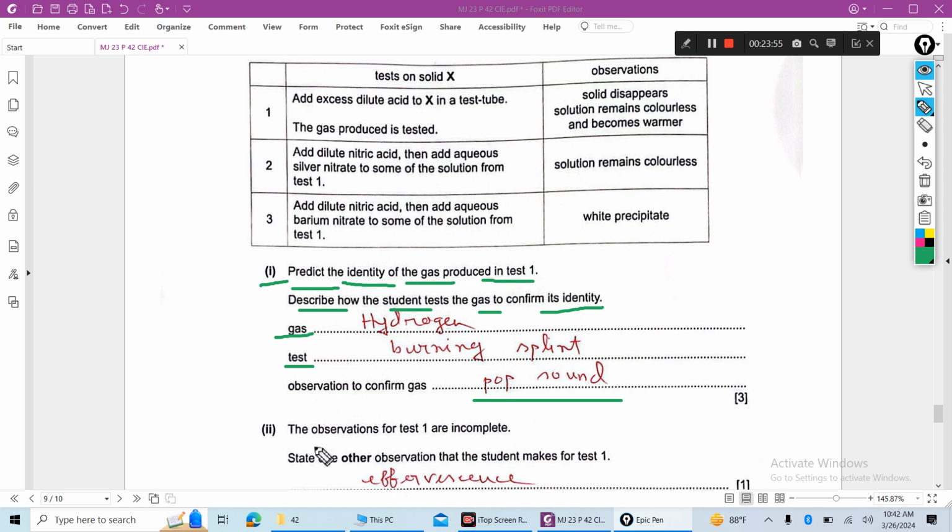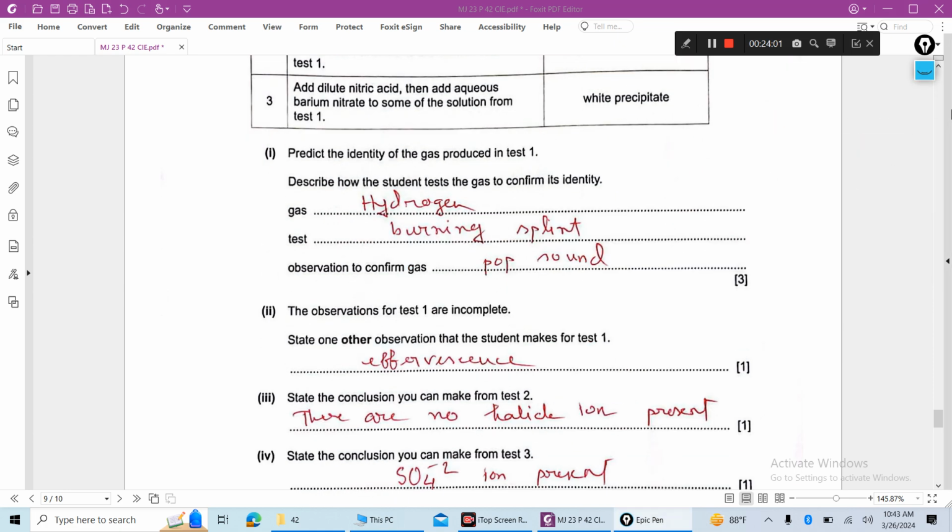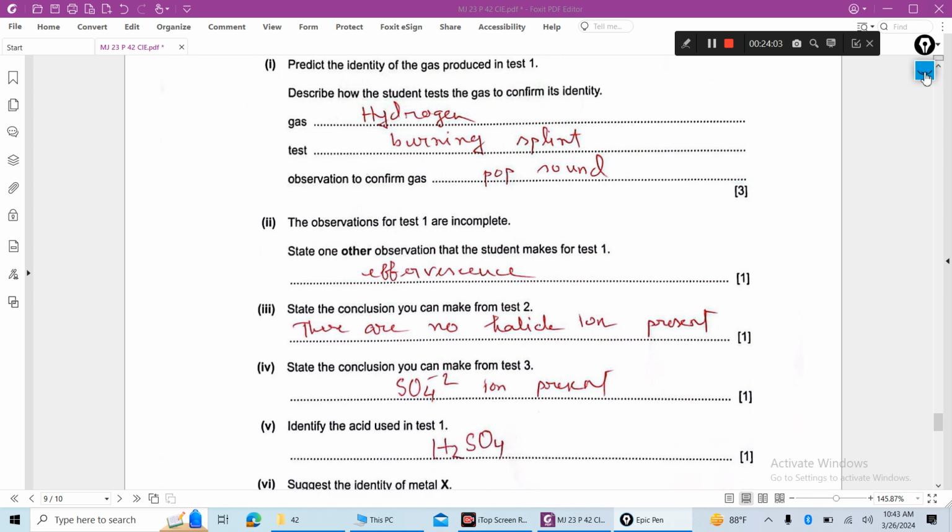Now the observations for test 1 are incomplete. State one other observation that the student makes for test 1. When metal is added to acid, hydrogen gas is produced and fizzing occurs, effervescence.